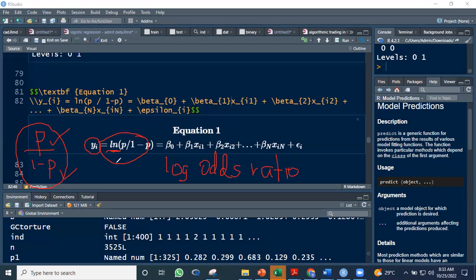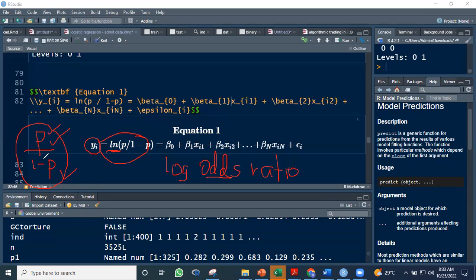Again, what is log odds? It is ln, the log of the odds ratio, which is the probability of being accepted, or the probability of a yes, whatever we're testing, divided by 1 minus the probability, which is the probability of a no.